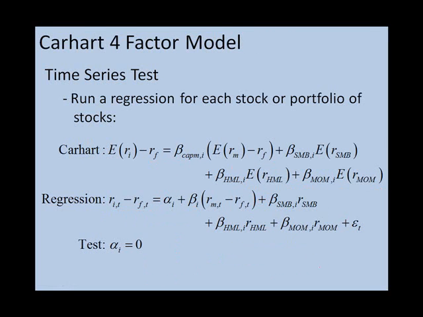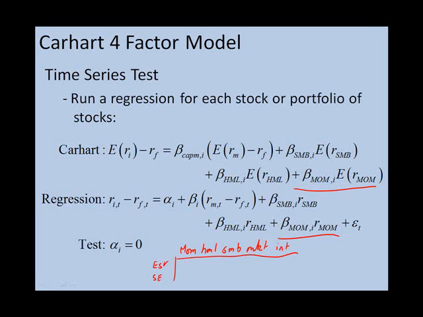Similarly, when we look at the Carhart four-factor model, we're going to run exactly the same test, except now we've added a fourth factor, momentum. Once again, if we think about the output from linest, we're now going to have momentum, HML, SMB, the market, and then the intercept. And we're going to have estimates, and we're going to have standard errors. What are we going to have estimates for? Well, we're going to have estimates for the beta for momentum.